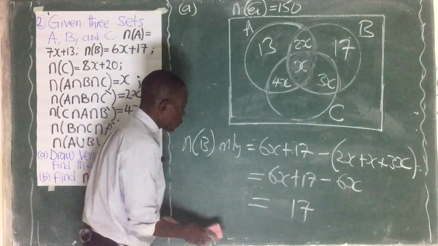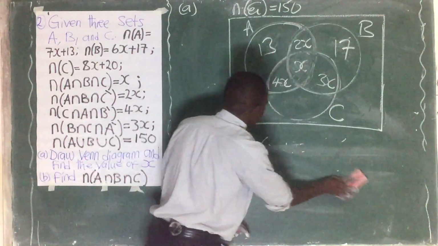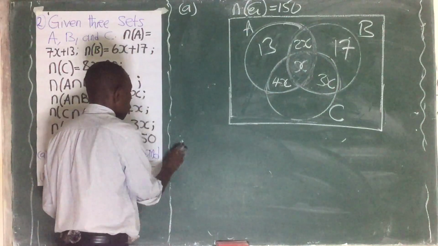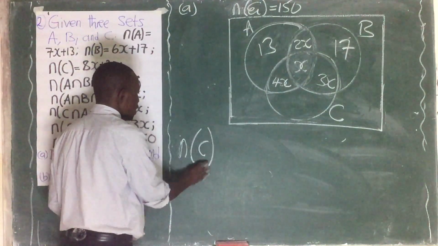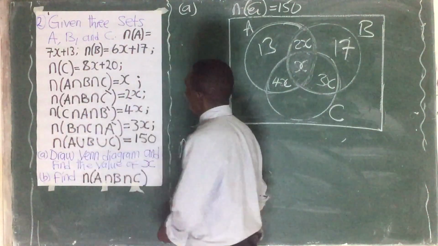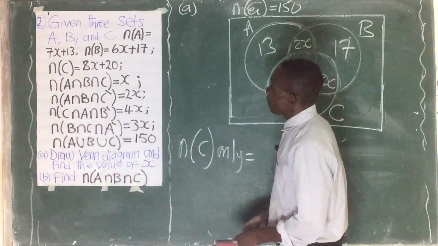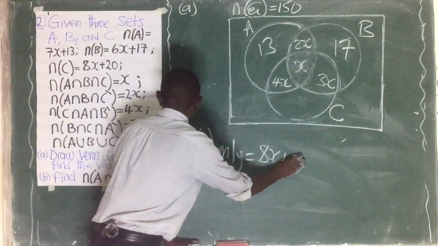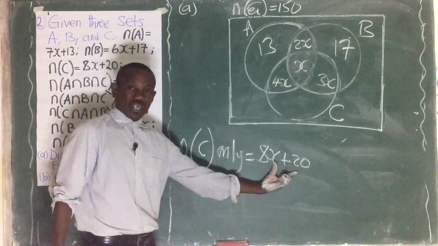Right. Look at this. Number of elements in C only. How many are there in C? We have 8x plus 20.